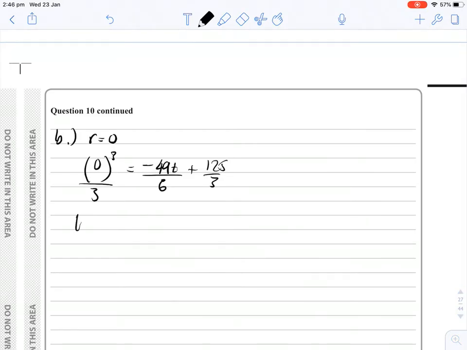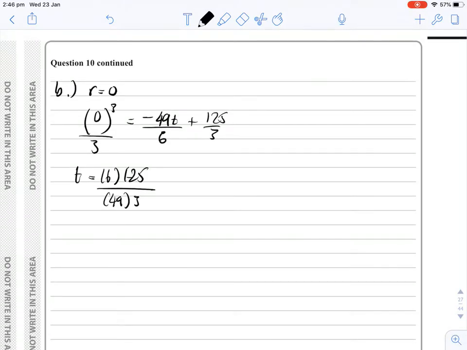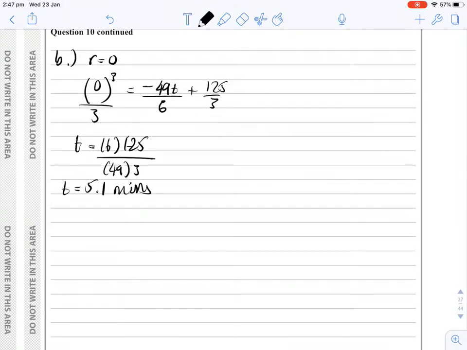So rearranging this, we get t is equal to 6 lots of 125 over 49 lots of 3. And so this is going to be t is equal to 5.1 minutes. Okay. And so therefore this is going to be 5 minutes and 6 seconds.